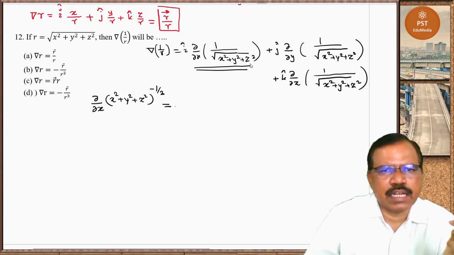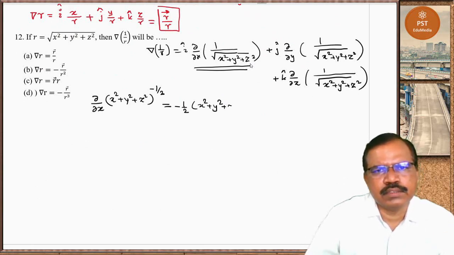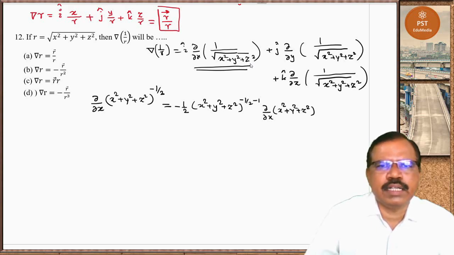So here you will get, the power is minus 1 half. So I can write here minus 1 half (x square plus y square plus z square) raised to minus 1 half minus 1 into the derivative of x square plus y square plus z square.